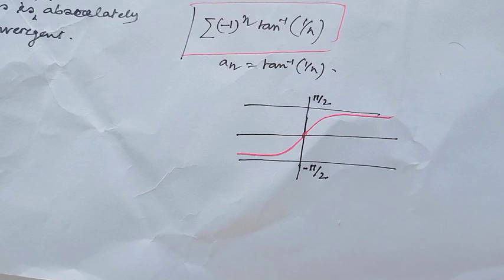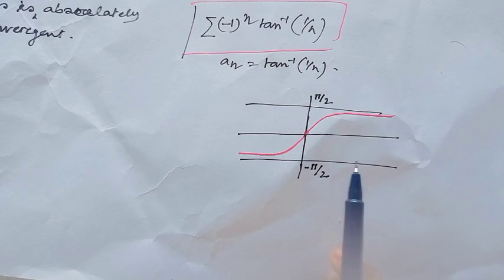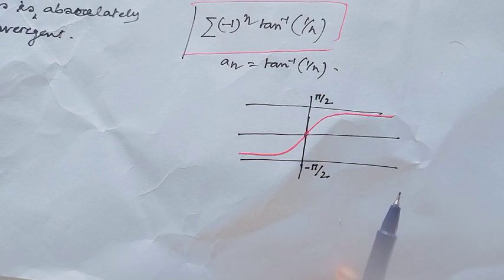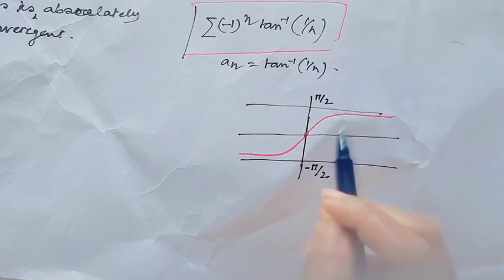Our second example: minus 1 to the power n tan inverse 1 over n. Here an equals tan inverse 1 over n. What is the graph of tan inverse x? We all know that at the points pi over 2 and minus pi over 2, tan inverse x has an asymptote.